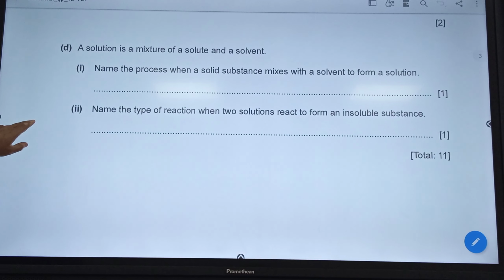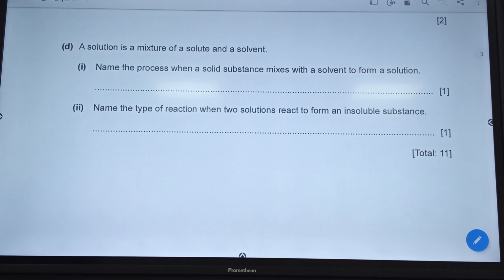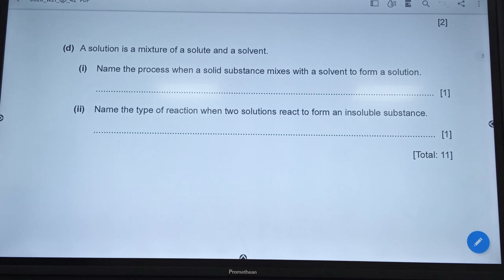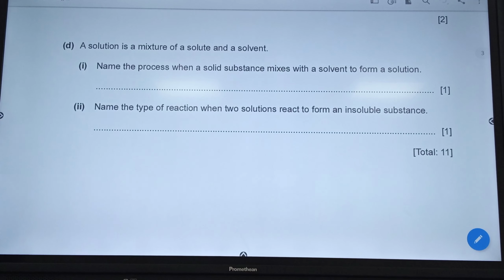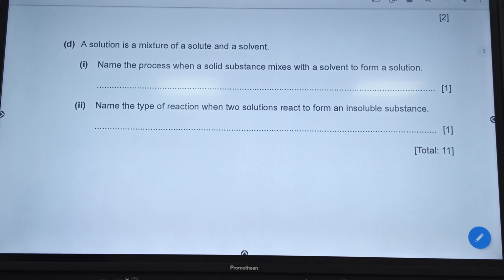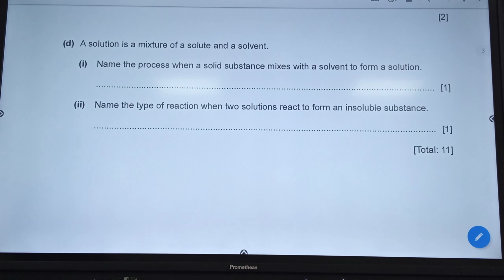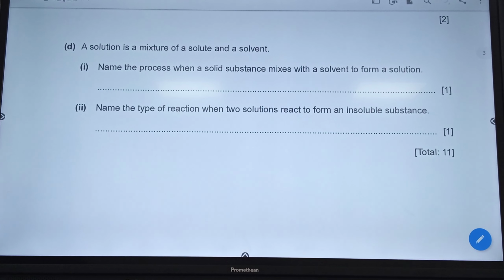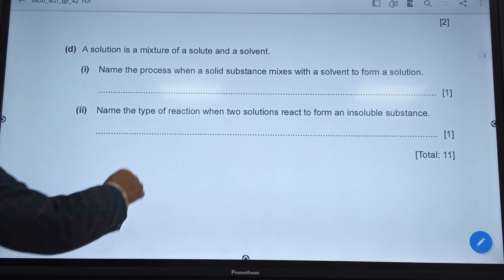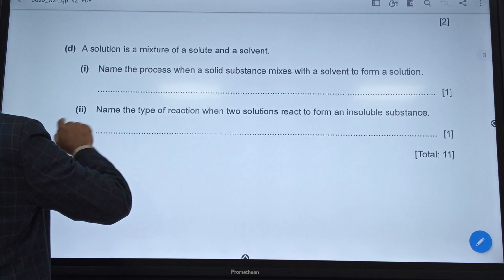Now, next, a solution is a mixture of solute and a solvent. Name the process when a solid substance mixes with a solvent to form a solution. So we can say dissolving.